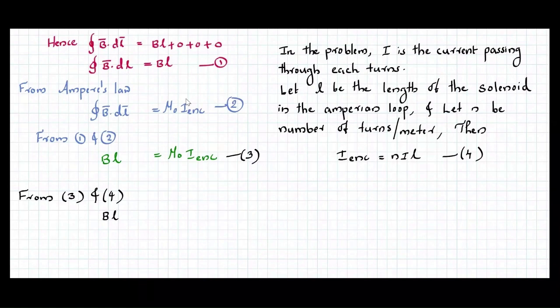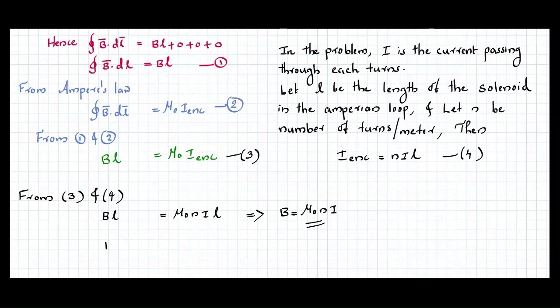Now we have closed integral B dot dl is BL, which is equal to mu 0 I enclosed. Let it be equation number 3. And I enclosed equals nIL. Let it be equation number 4. And from 3 and 4, you have BL equal to mu 0 nIL, or B is equal to mu 0 nI.